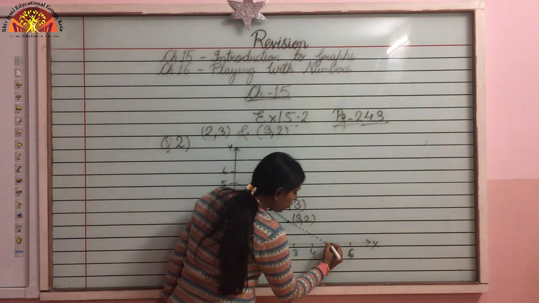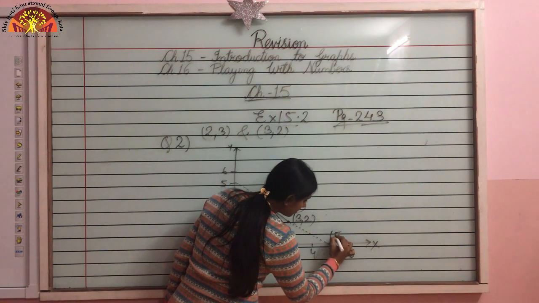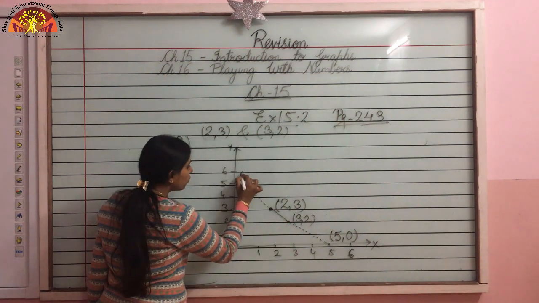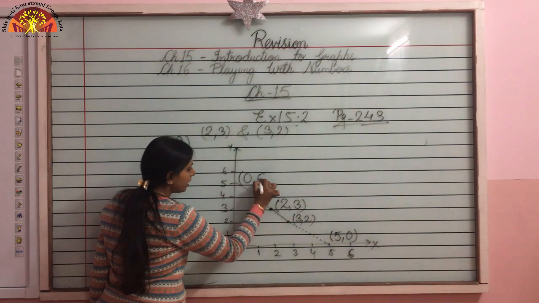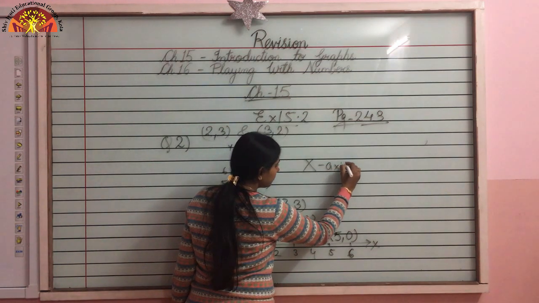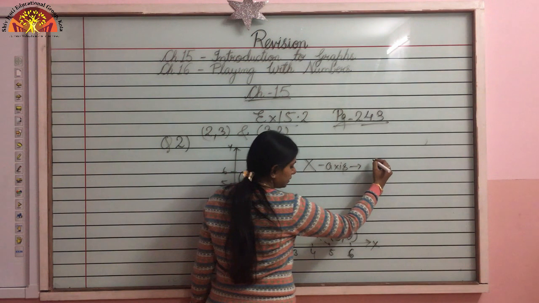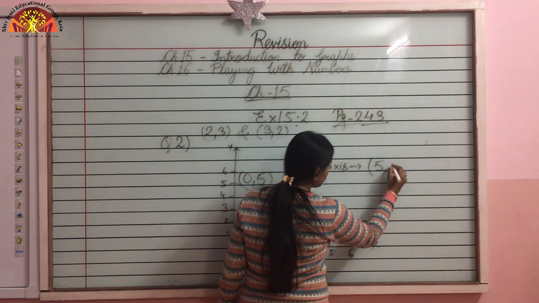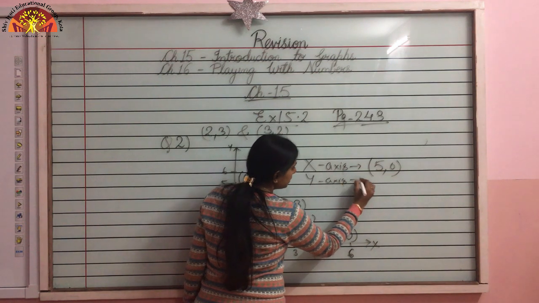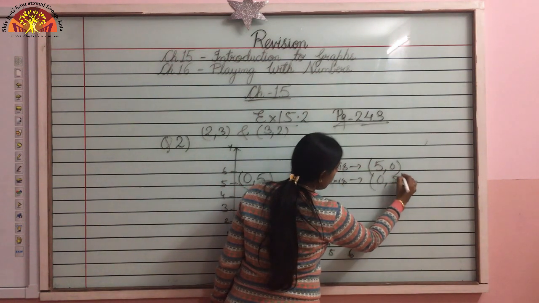So the point on the x-axis is 5, 0 and the point on the y-axis is 0, 5. That means the coordinate for the x-axis is 5, 0, and for the y-axis it is 0, 5.